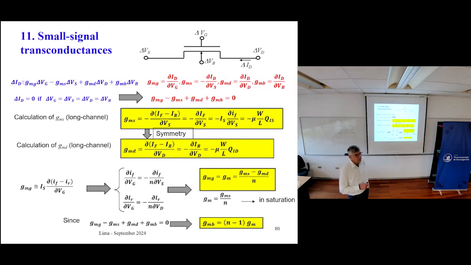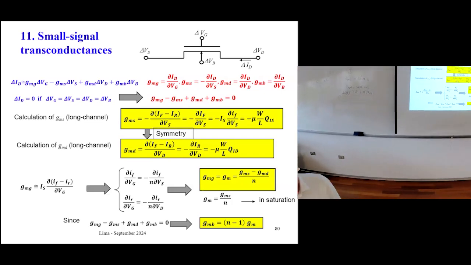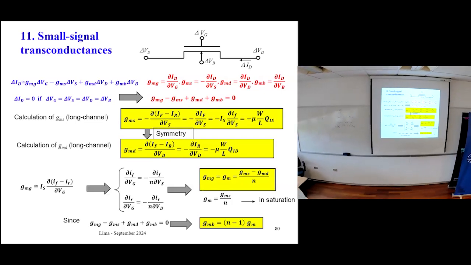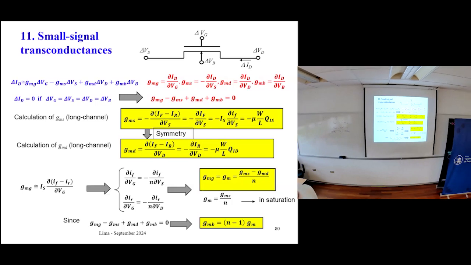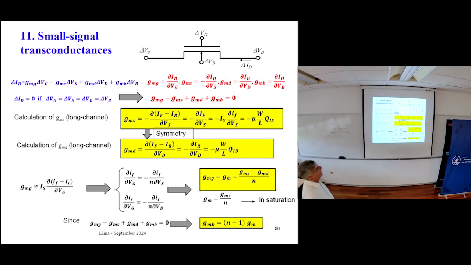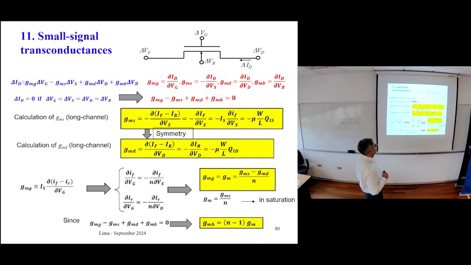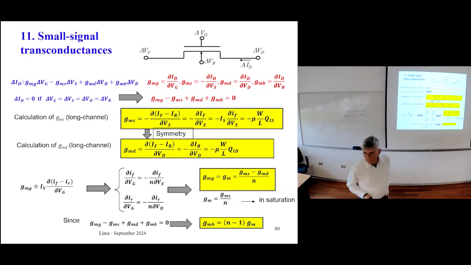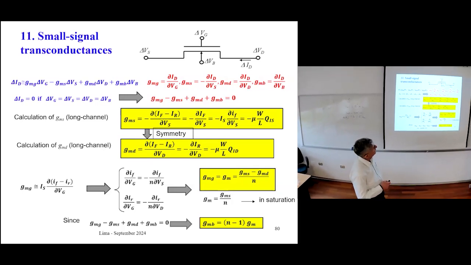GMS will be positive if the drain current decreases with the source voltage. GMD, the derivative of ID with respect to the drain voltage. GMB, the derivative of ID with respect to the bulk voltage. Okay?